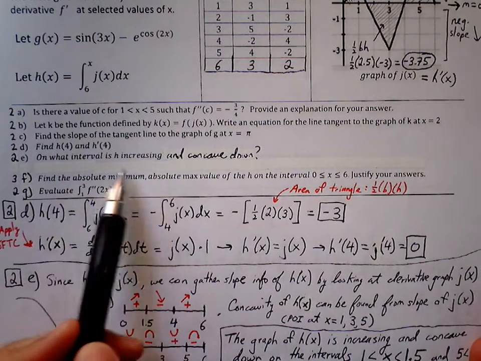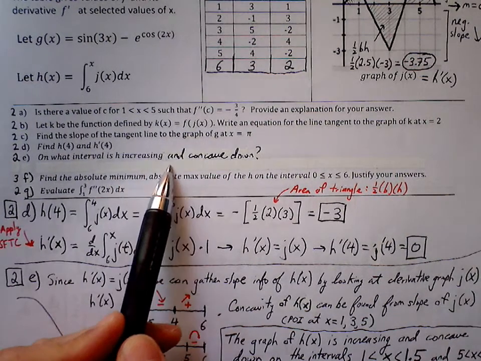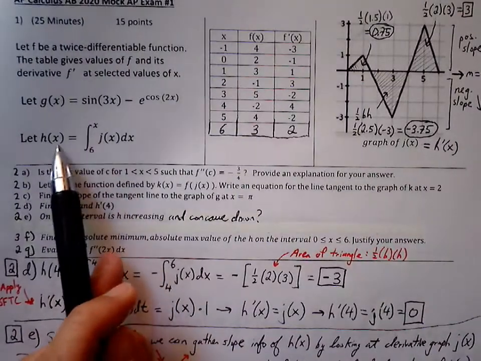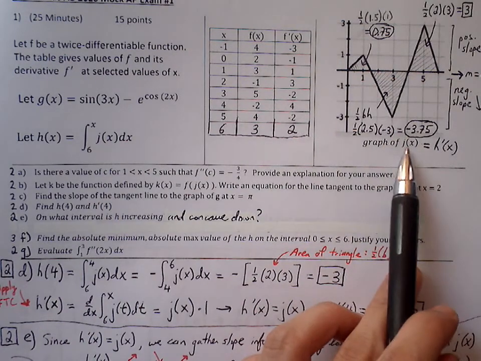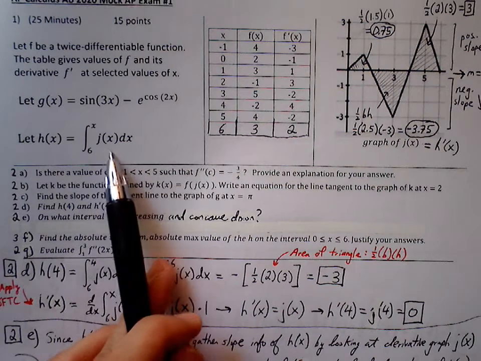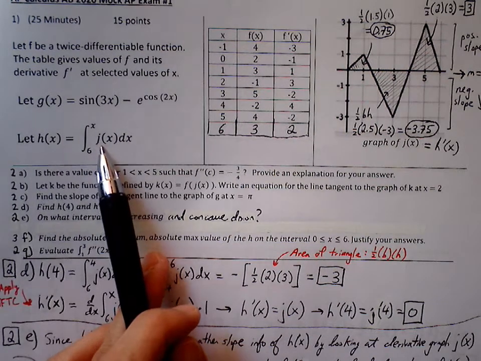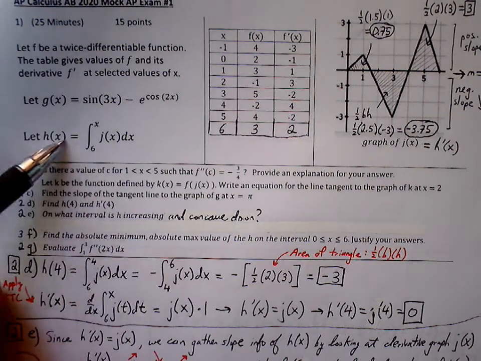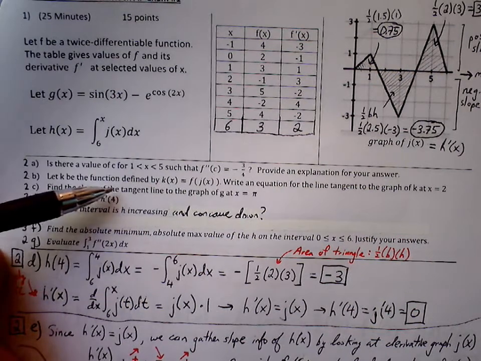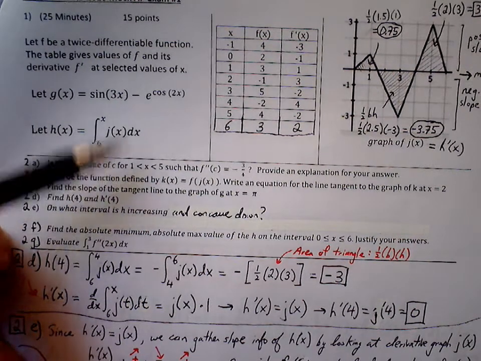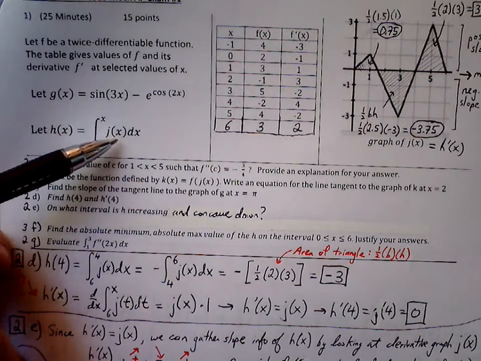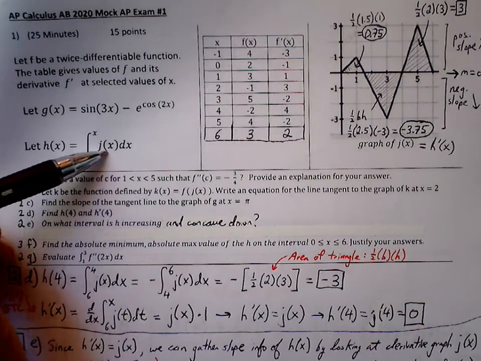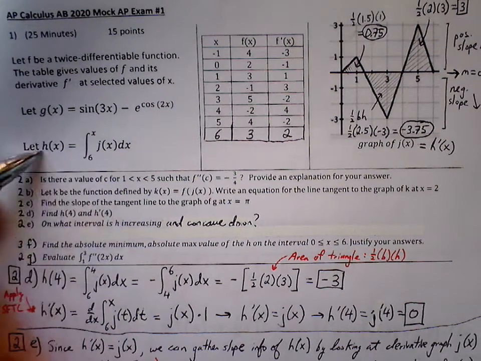All right, part E. On what interval is our graph of h increasing and concave down? So this is our h function defined here, and this h is related to the j of x, but h is the definite integral of j of x, which means that j of x is really sitting at the h prime level, right?